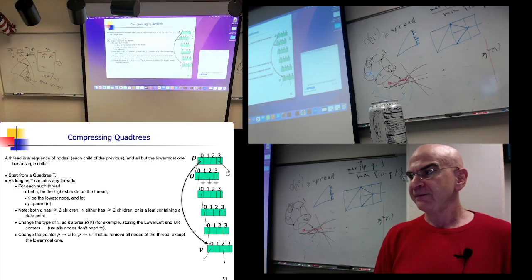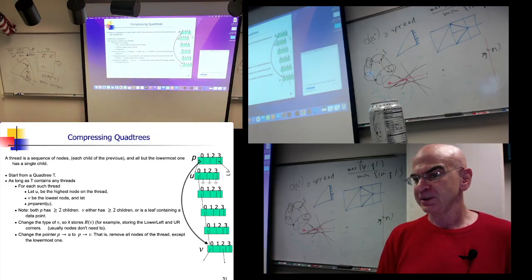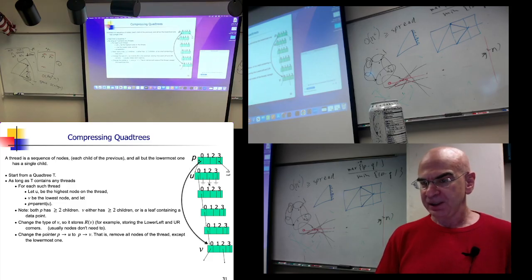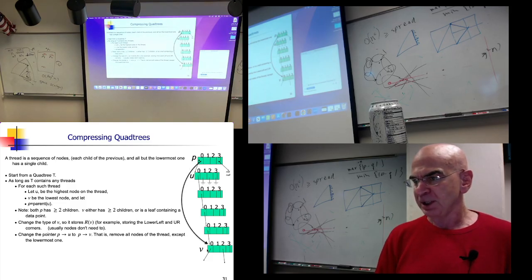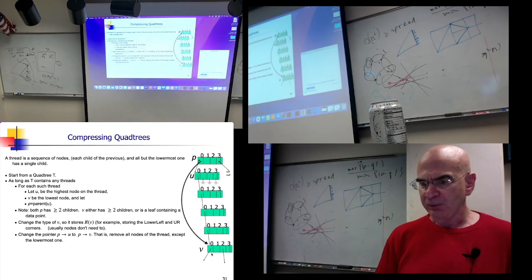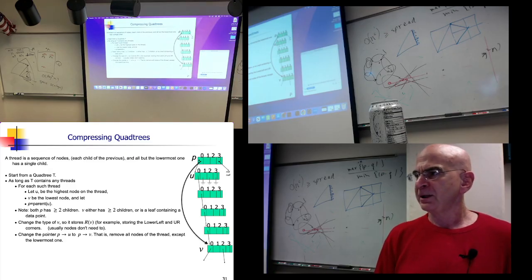If we have a compressed quad tree, that is, we don't like that we have a sequence of nodes, each one has only 1 child. We replace them all by 1 meta node at the bottom. You saved a lot of information. Can I quantify it? Yes, I'm sure that I'll be left with n leaves, where n is the number of data points that I have.